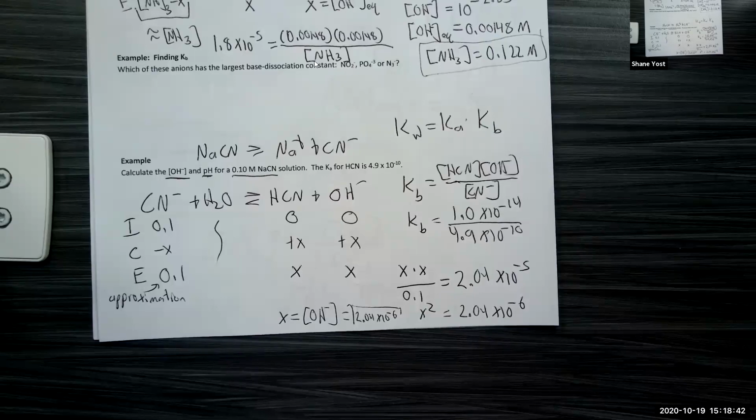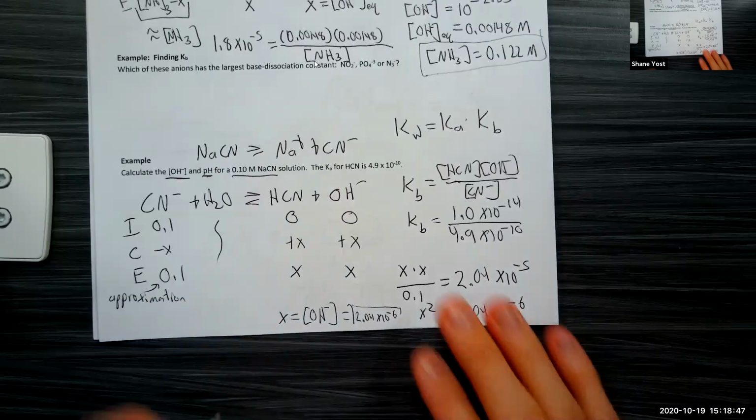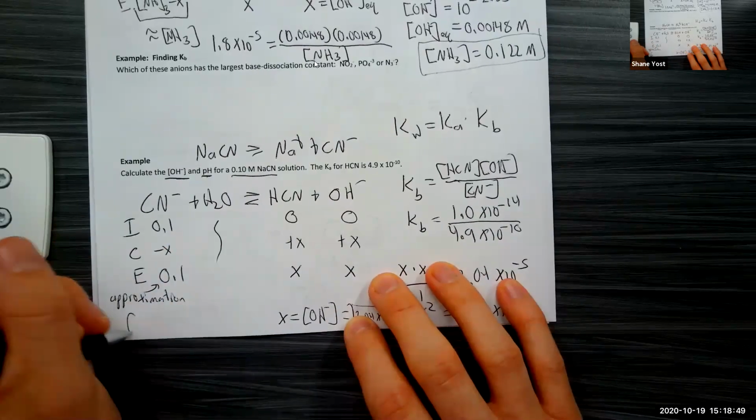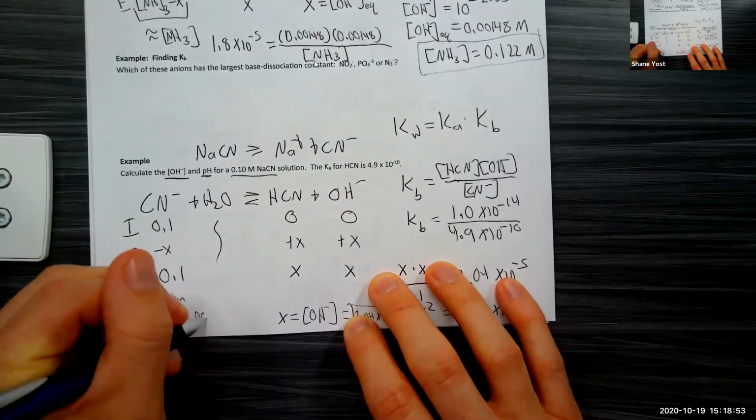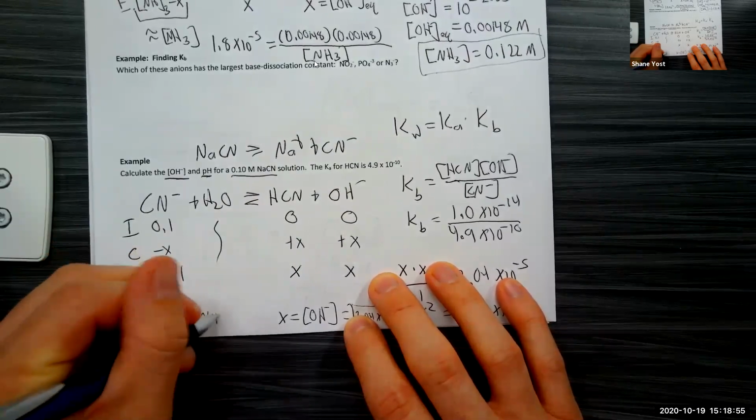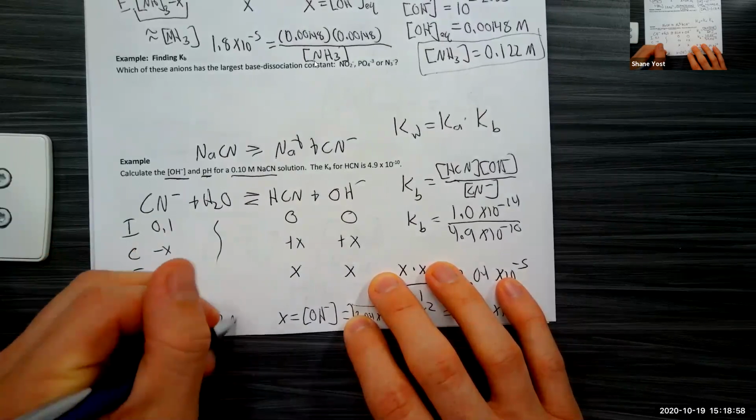So the concentration of OH minus is equal to 0.00142 molar.